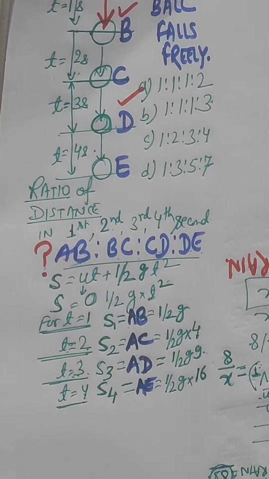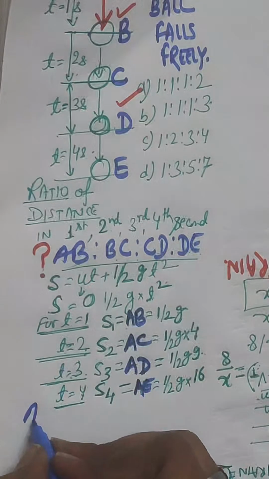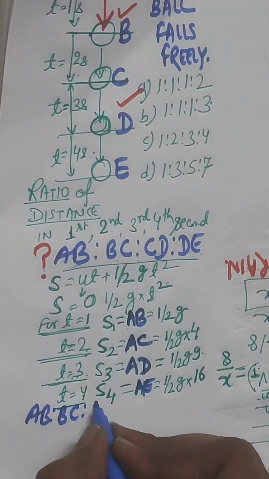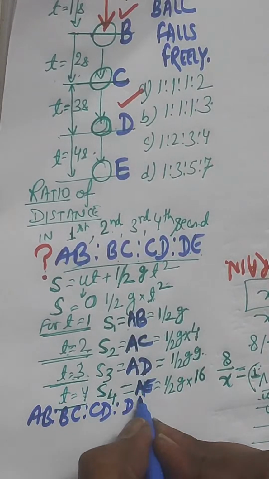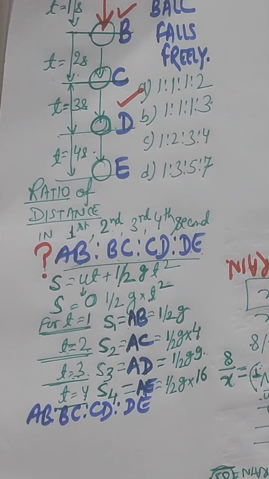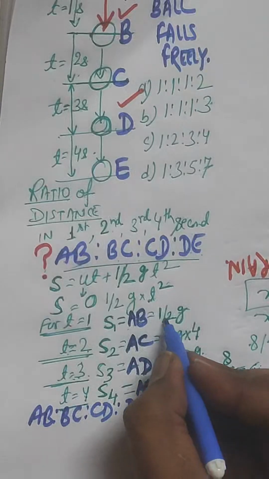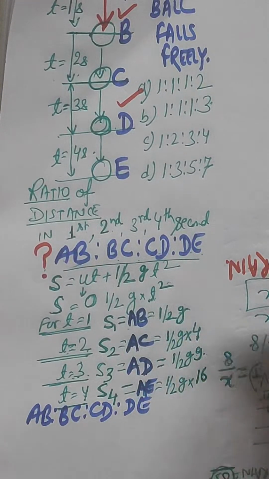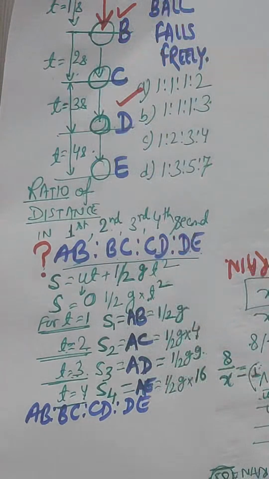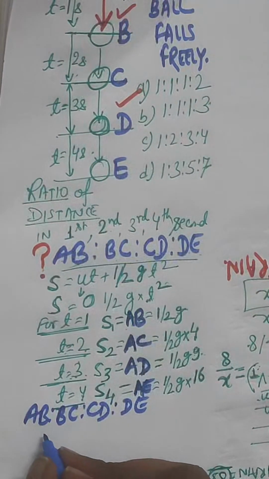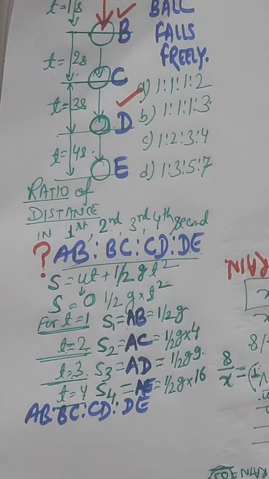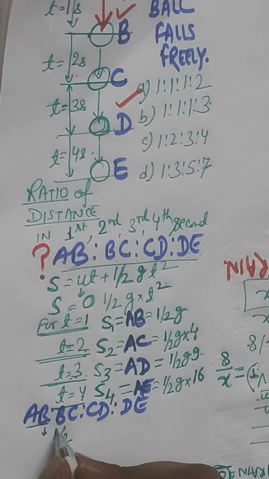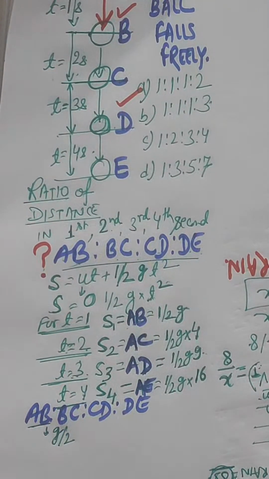So we can see from here, AB to BC to CD to DE can be calculated by, since this is half g, AB will be 1 by 2 g or g by 2, right?